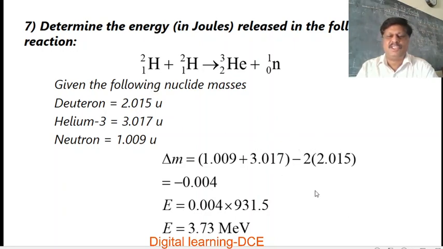After simplification, we get the mass defect as minus 0.004 atomic mass unit. By multiplying this mass defect with 931.5 MeV, we get the energy E equal to 3.73 mega electron volt. So energy released in joules we have to calculate.